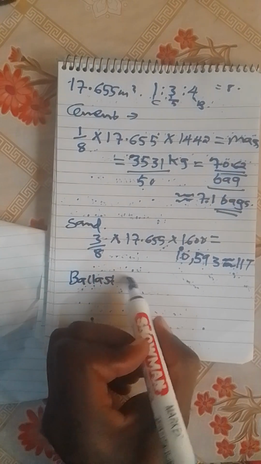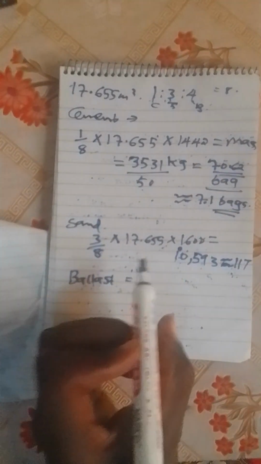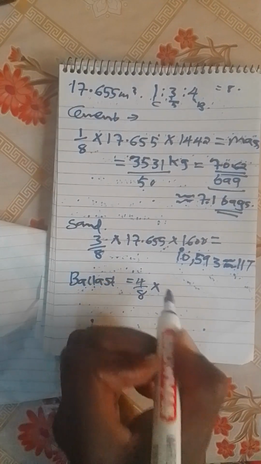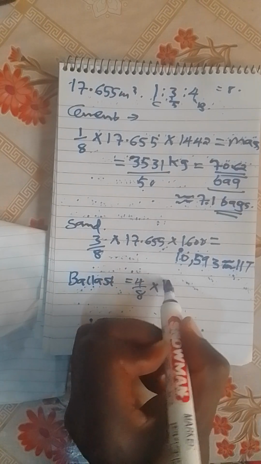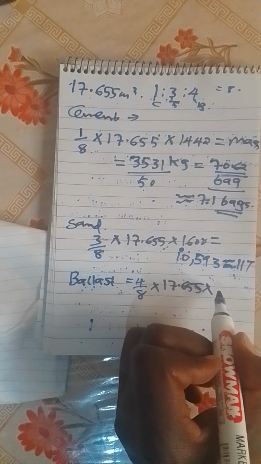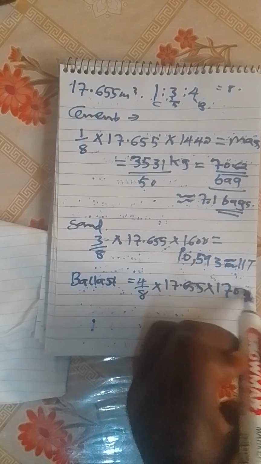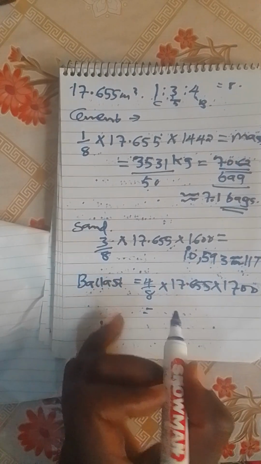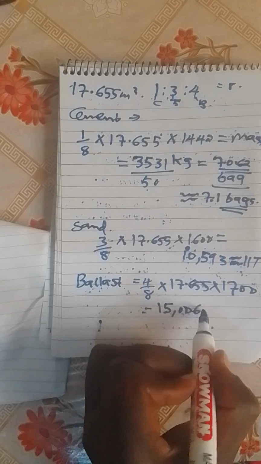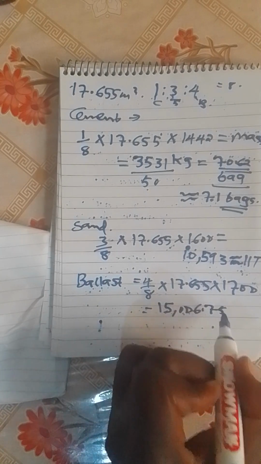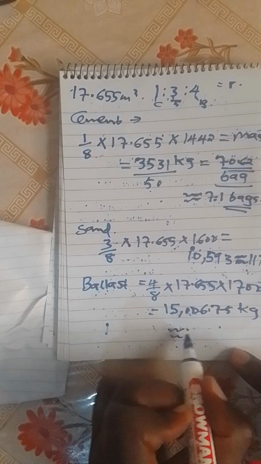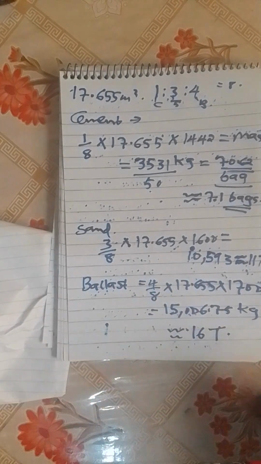Ballast is a ratio of 4, so it is 4/8 times the volume, which is 17.655, times the density, which is 1700. It will give you around 15,006.75 kilograms, which is around 16 tons.